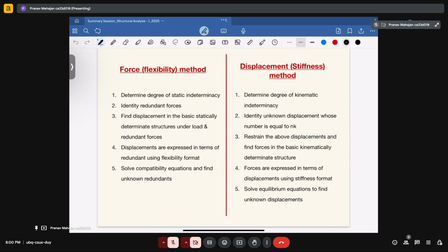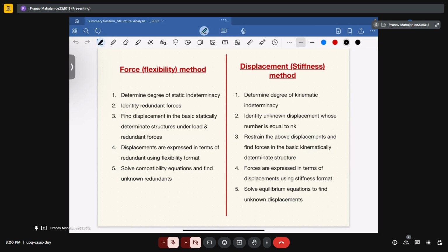Okay. So the first step is to determine the static indeterminacy. After that, determine the redundant forces, and then find the displacement in the basic statically determinate structure under load and redundant forces. This is a two-step point.